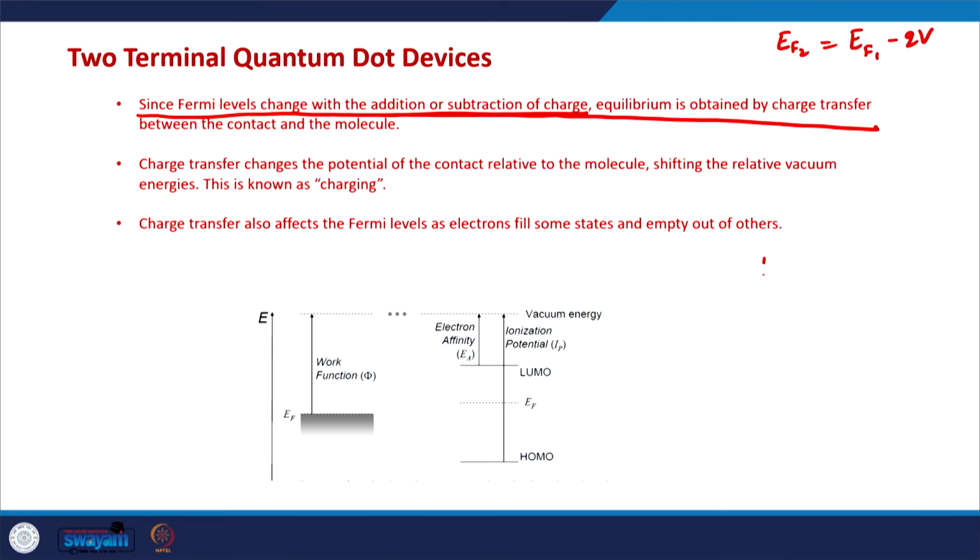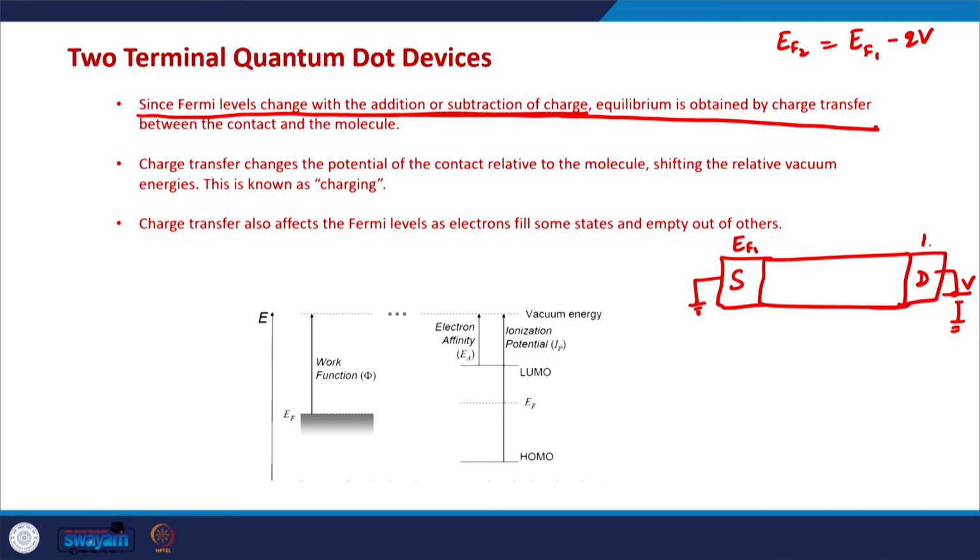If you remember, in our two terminal device, if this is the left contact, this is the right contact, and if we apply a voltage V here and the left contact is grounded, the Fermi level on the left contact is EF1, the Fermi level on the right contact is EF2, then EF2 will be EF1 minus Q times V. So, any voltage that is applied across the system will change the Fermi level as well. So, what it means is, if we deposit a charge here, because of the voltage difference, the Fermi levels will be changed.